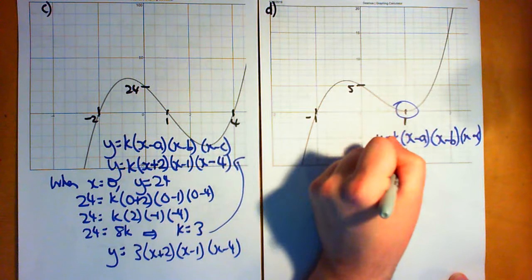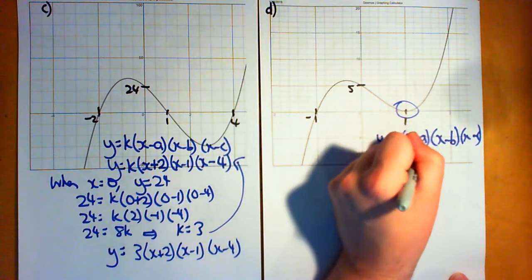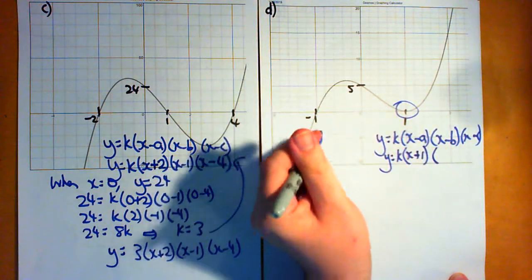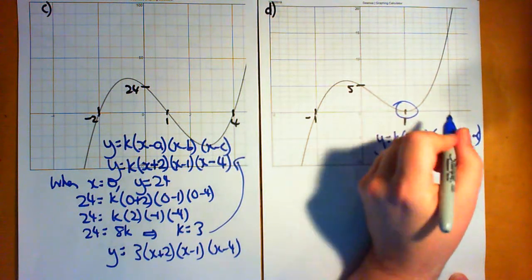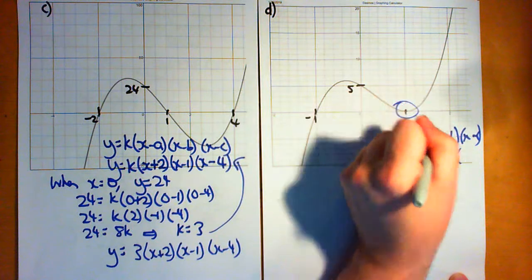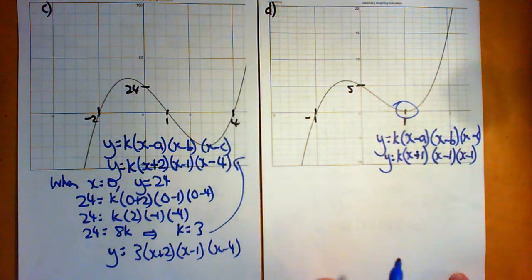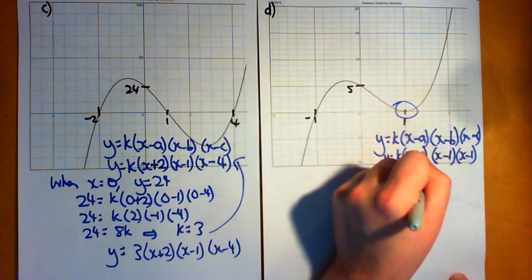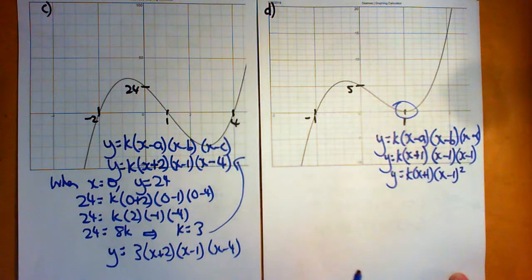So y equals k times, first intercept was -1, so x minus a becomes x + 1. Second intercept is at 1, so this is going to be x - 1, and as we said, it's turning right on this line, so count +1 twice there. So it's going to be 2 (x - 1) brackets. So we can actually write this as y equals k times (x + 1)(x - 1) squared.